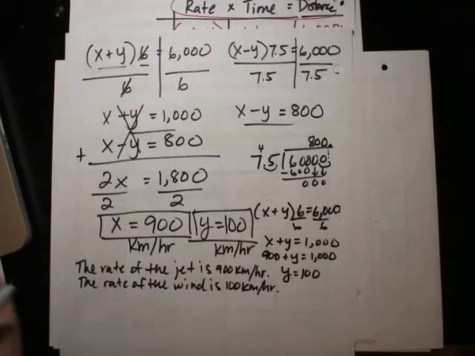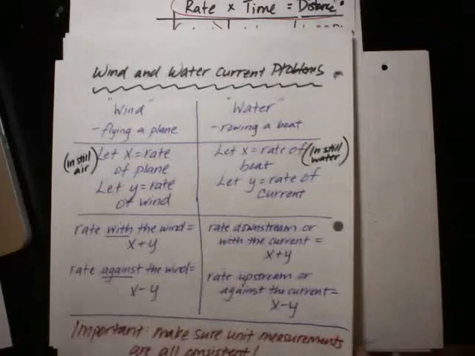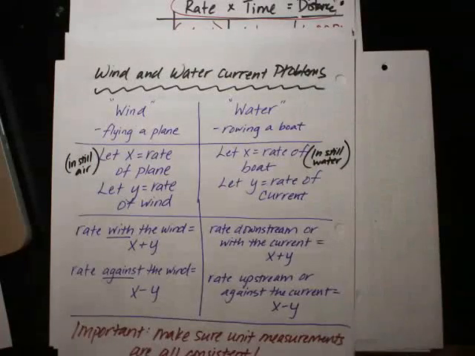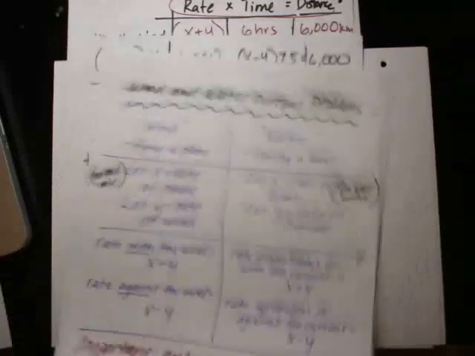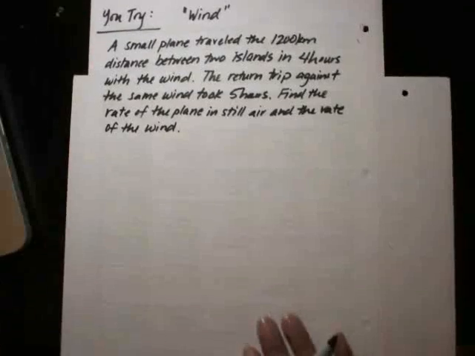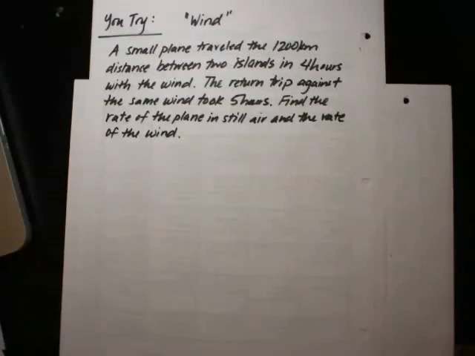Okay, so we've taken a look at one wind problem. Very important. Make sure that you use this as a guide to establish what your variables will be and what you will set as the rate with the wind and the rate against the wind. Okay, so I want you to use this information to attempt this problem. This is an example of another wind problem.